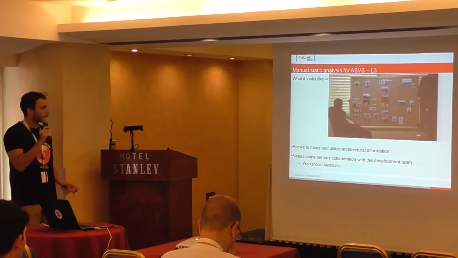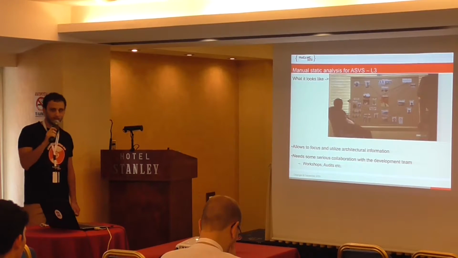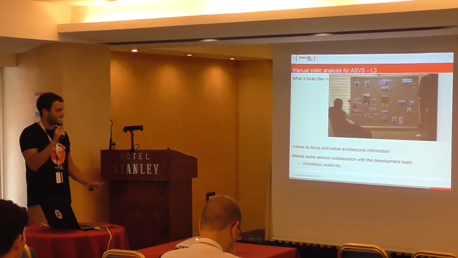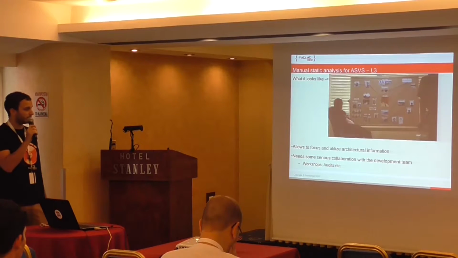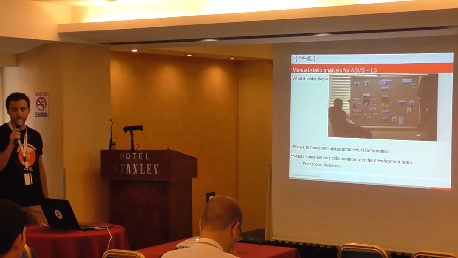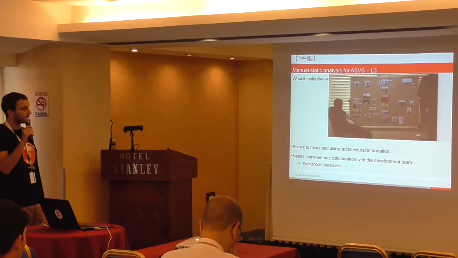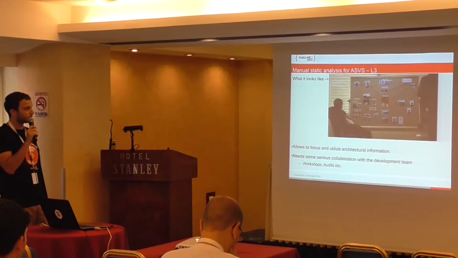And also, in this manner, workshops, audits, interviews, and heavy assistance and collaboration with the development team of the project are required in order to verify findings and clarify potential issues that are presented in different phases of the project.